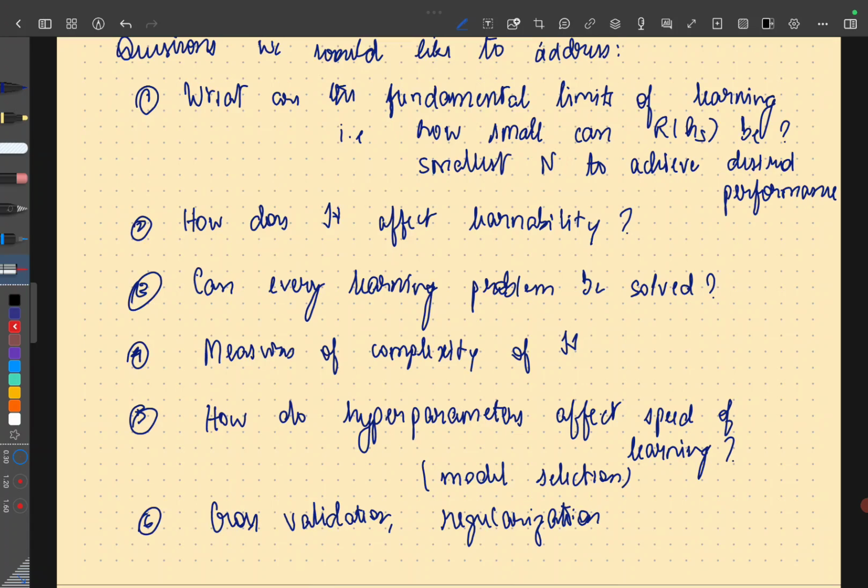The next question, which is very natural to ask, is how does the hypothesis class affect learnability? In the end, you don't know much about the data generating process, because we've assumed a very general framework. Sometimes you may know the concept class, in which case it may or may not make sense to choose it as your hypothesis class.